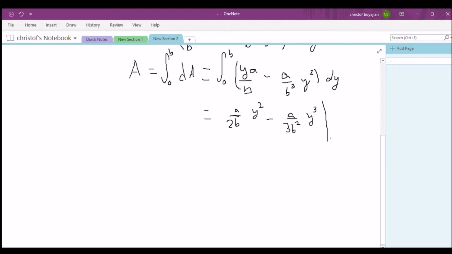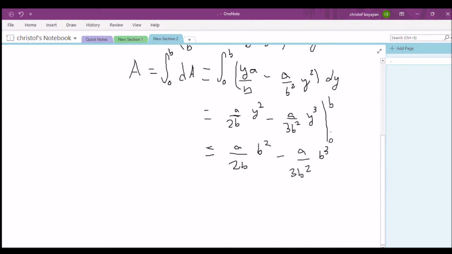And we're evaluating this with limits 0 to b. Okay? So let's go ahead and solve for this. We're going to plug in our b first. So we're going to have a over 2b times b squared minus a over 3b squared times b cubed, minus, plug in y equals 0.